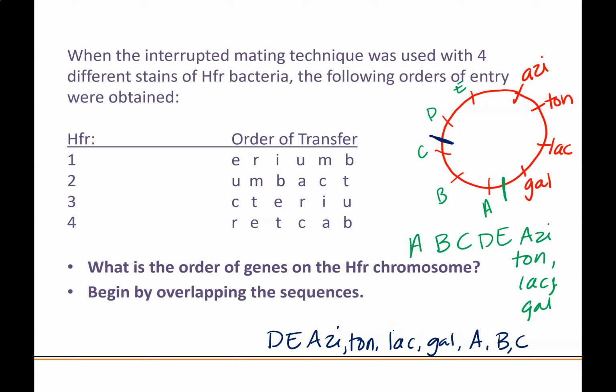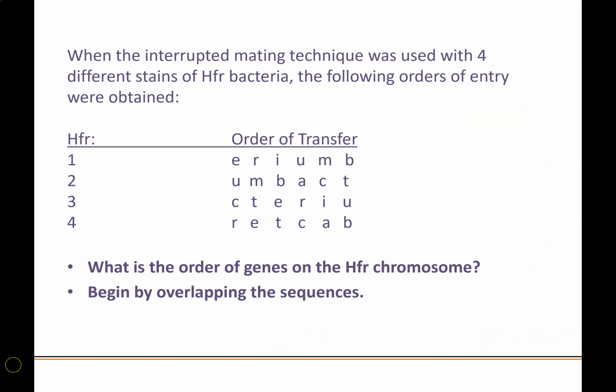So we can also use the order of transfer to determine their location around the chromosome. So let's say we use this interrupted mating technique on some HFR bacteria, and we determine that there are several different orders.